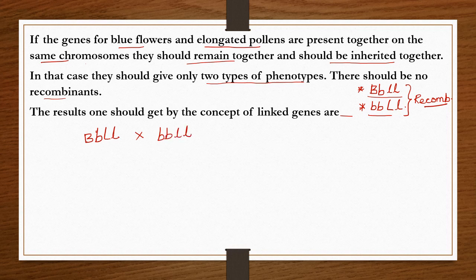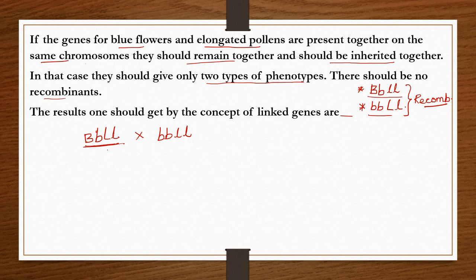What we are saying here is that the blue flowers and elongated pollen grains are linked together on the same chromosome. Both are present on the same chromosome, and they are inherited together. There is no change.